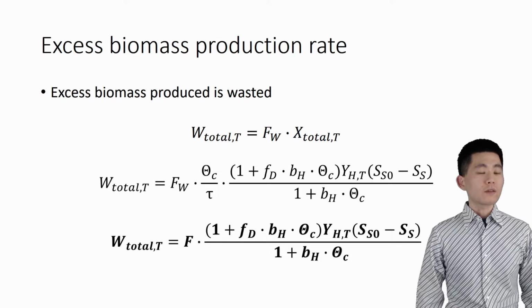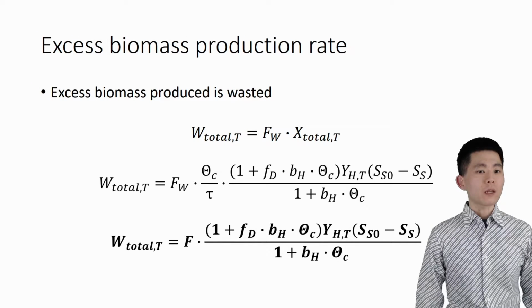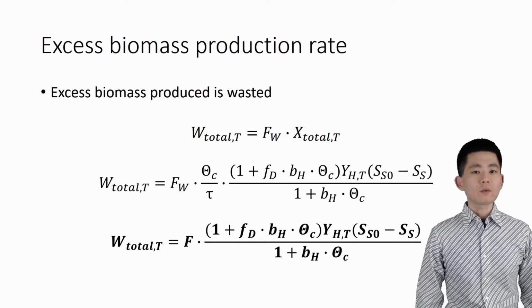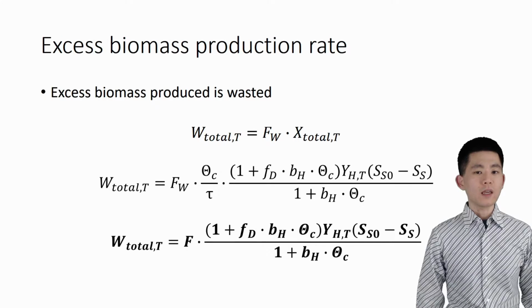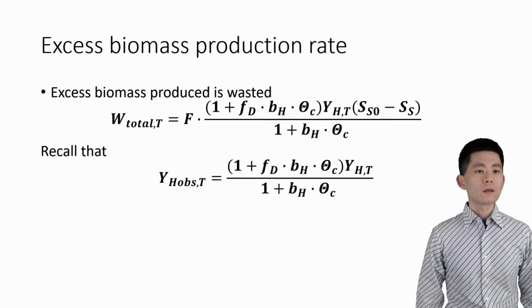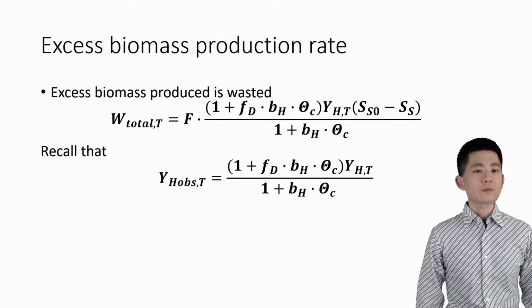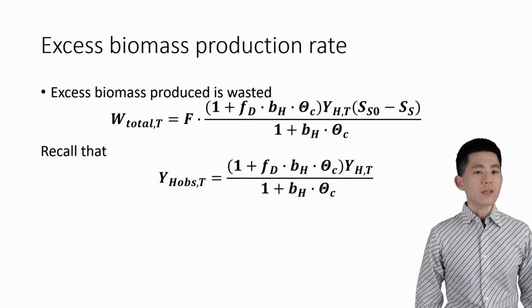We can see that the wastage rate, or the excess biomass production rate, is connected with the influent flow rate, the reduction of substrate concentration, yield, the stoichiometry and kinetics of decay, and SRT. Recall the expression for observed yield that we deduced from the last class.